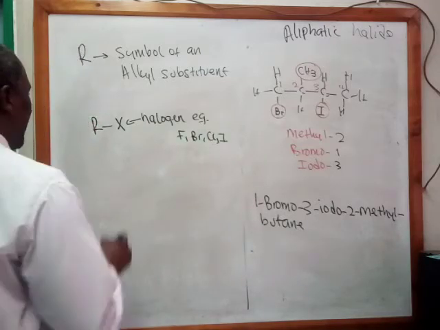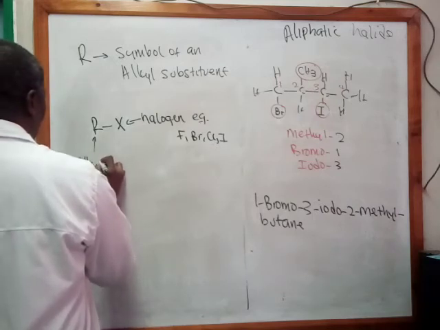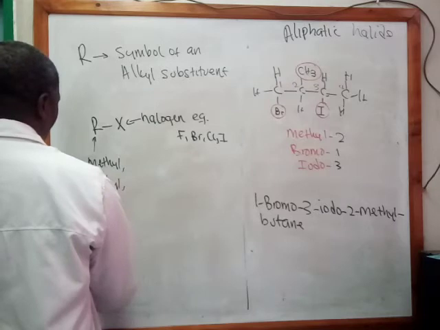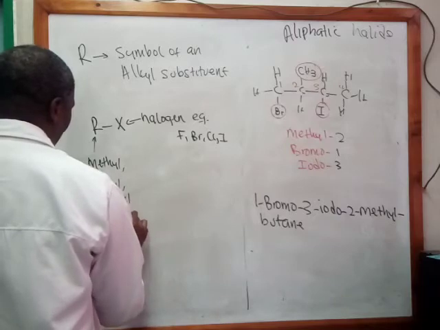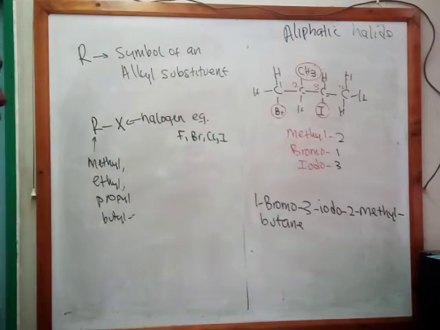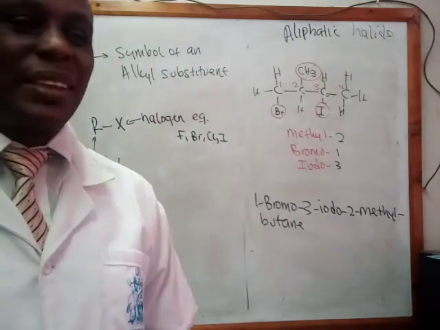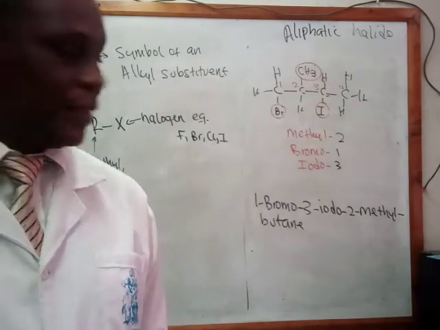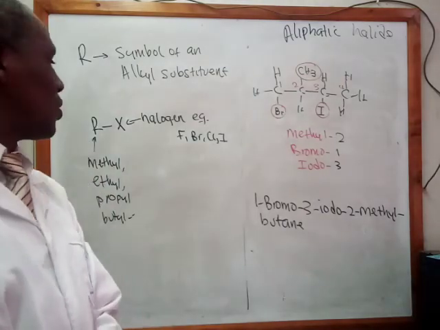And R can be methyl, CH3, ethyl, propyl, butyl, etc. So you're going to encounter that letter R to represent any alkyl group. It's just a general form of an alkyl group. R is the letter for a general alkyl substituent.